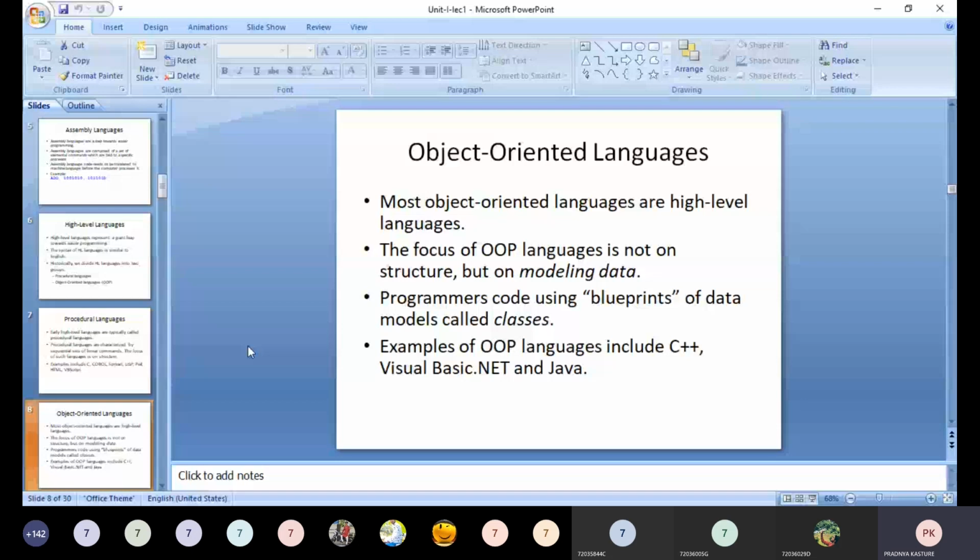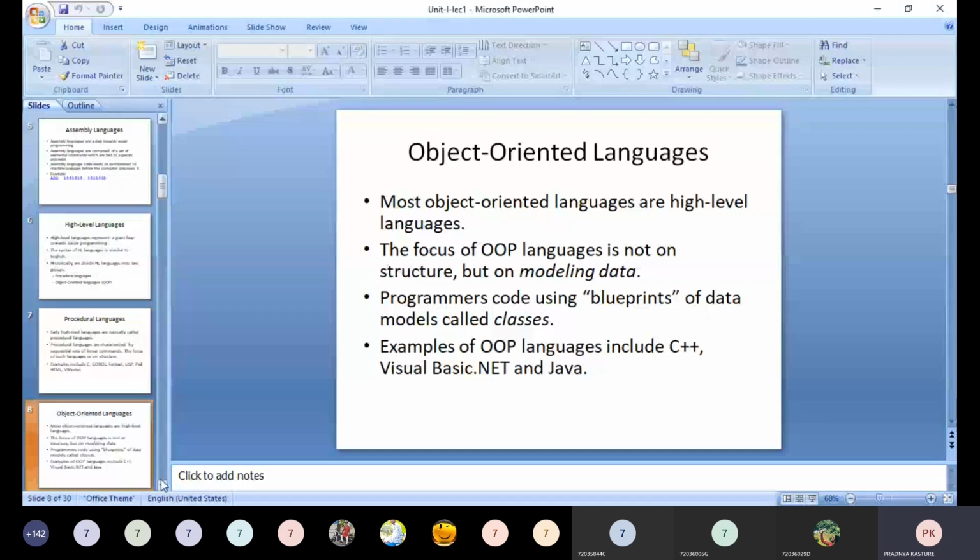Now these two languages came together to give the C++ language. Earlier that language was called C with classes. Then it came out with the name C++, which we can say is a superset of the C language. We are going to have the details of C++ later on.